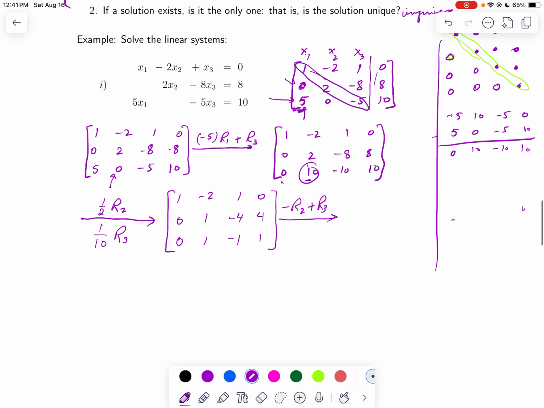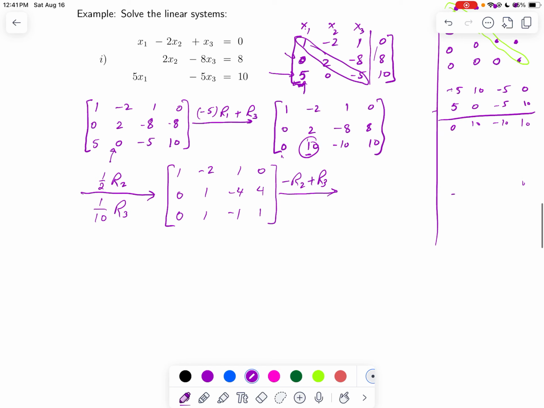So what do I get? Okay, which row got changed? Remember R3. So the first row will remain as it is. Second row will remain as it is. Third row: I multiply the second row by negative 1, so this quantity becomes negative 1. I add it in here, so that was already a 0.